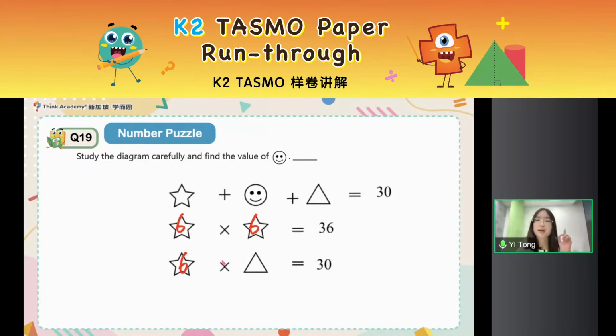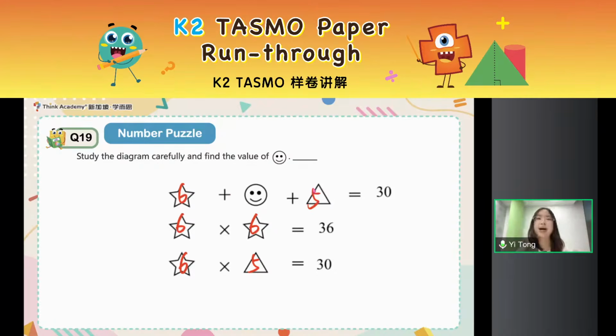And now think about the 6 times table. So what should be the value of this triangle? 6 times what equals 30? 6 times 5. Now, do we know the value of the other two types of shapes now? Yes, we do. 6 for the star and 5 for the triangle.